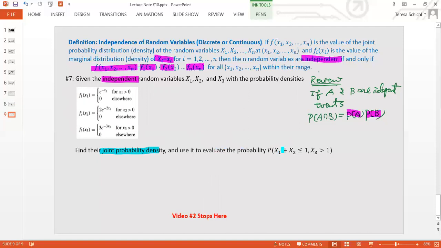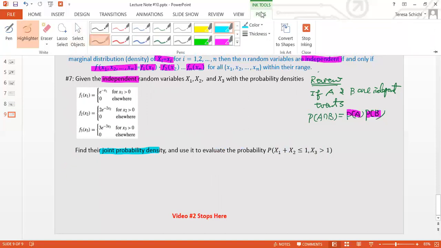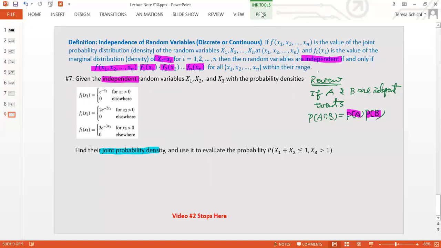After you find the joint density, then let's evaluate these numbers. The joint density is pretty easy because they are independent. So basically I'm looking for f of x1, x2, x3. Well, you just multiply them because X1, X2, X3 are independent.